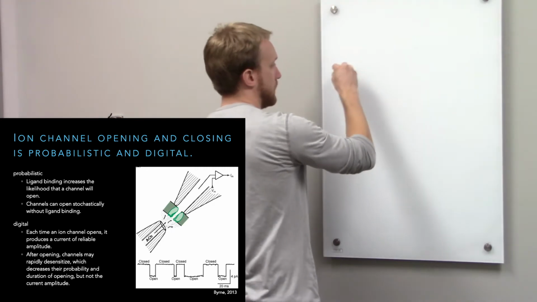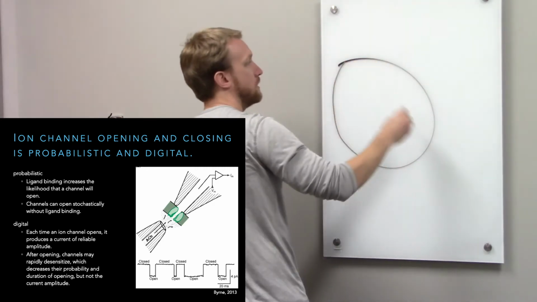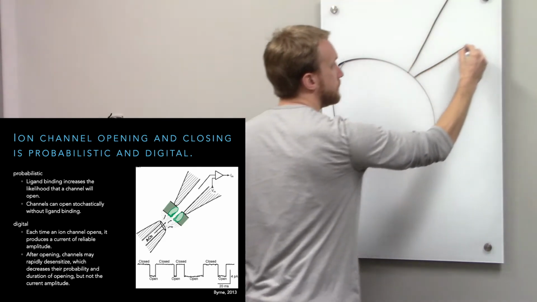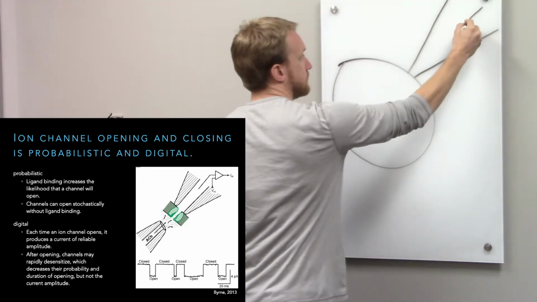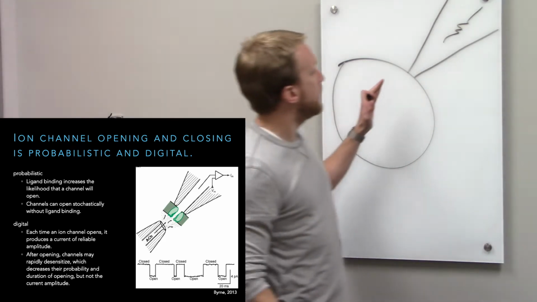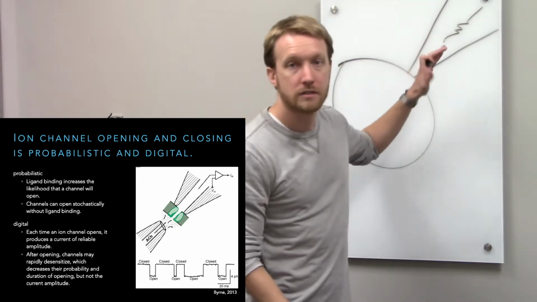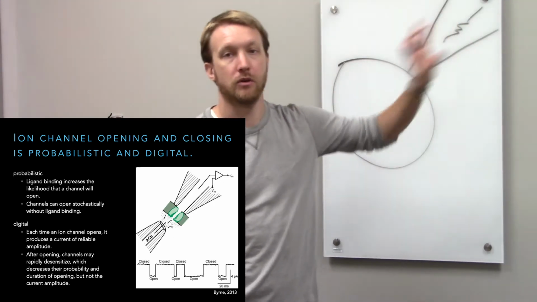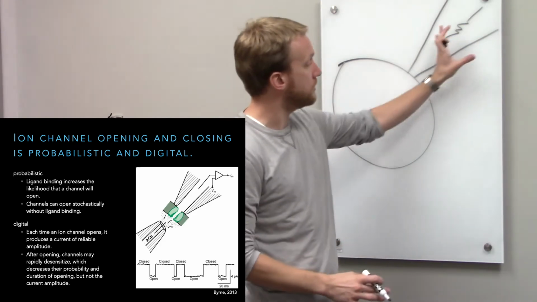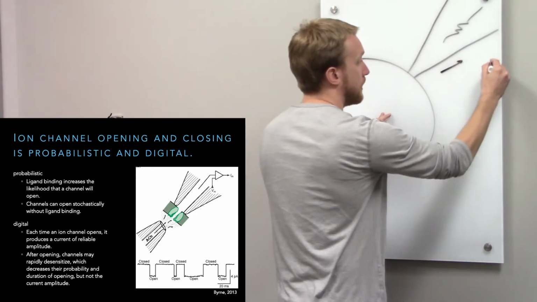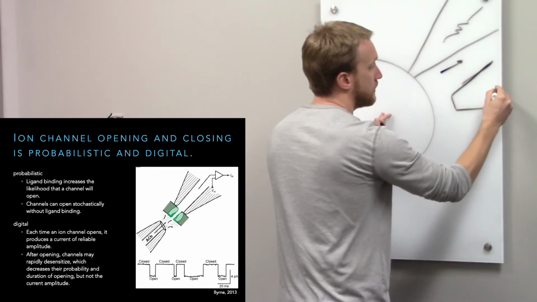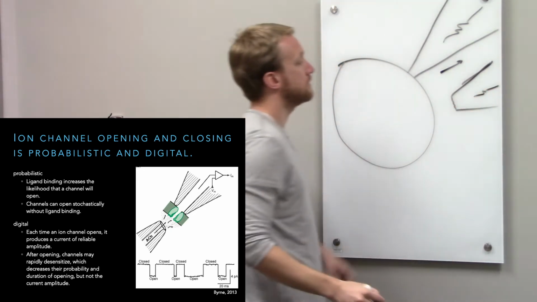So let's say this is our cell. You'll lower your pipette down onto the cell. Now if you pull your pipette away, the cell is most likely going to stay in place. Sometimes you rip the whole cell out. But the cell is most likely going to stay in place, and what will come with you whenever you pull your pipette away is a little patch of the membrane that was attached.